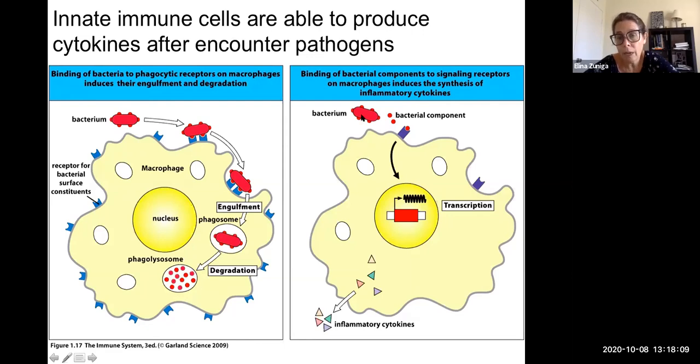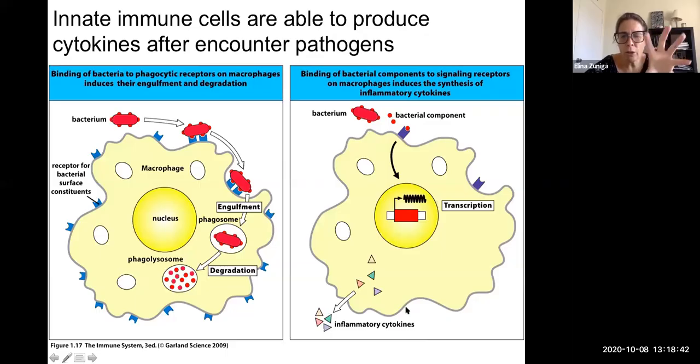But it's possible, and most likely, if it is a macrophage, one of the professional innate cells that have many pathogen recognition receptors, that the bacterium will also engage a PRR, a pathogen recognition receptor. And that, as you know, will induce transcription of cytokines and chemokines that will be released by this macrophage to alarm and destroy.